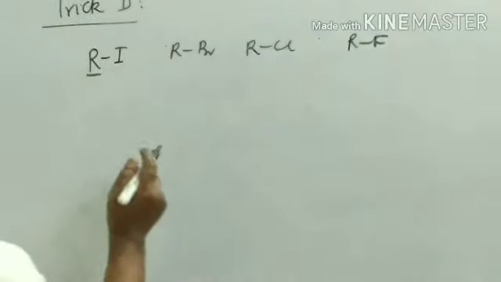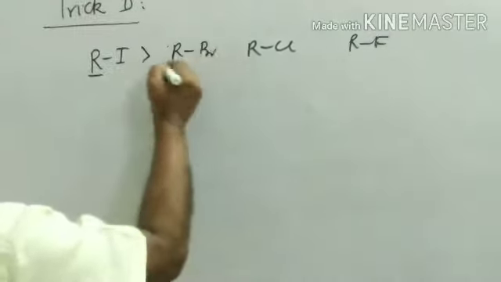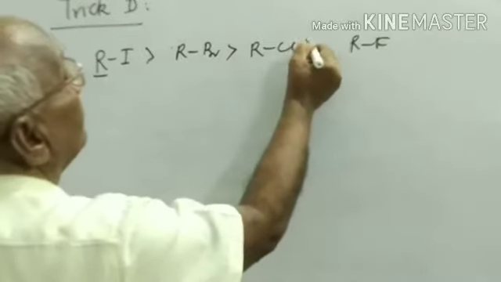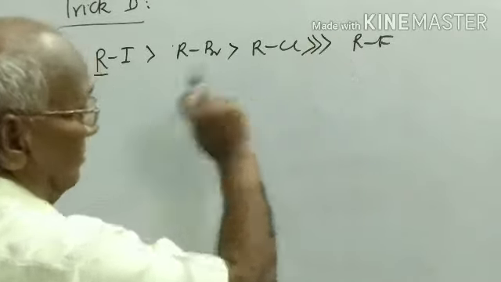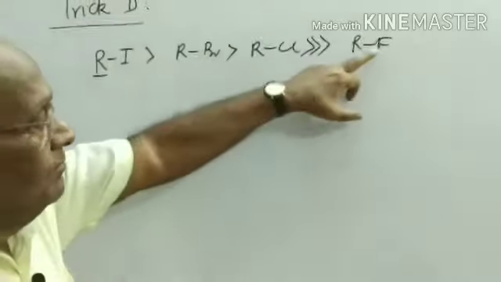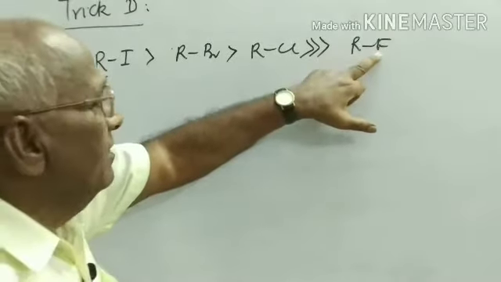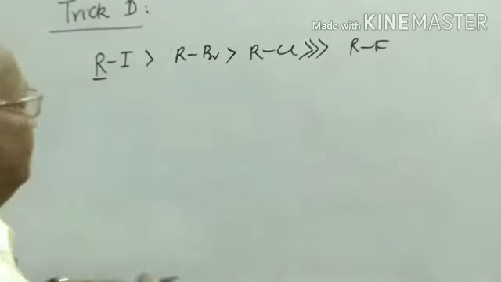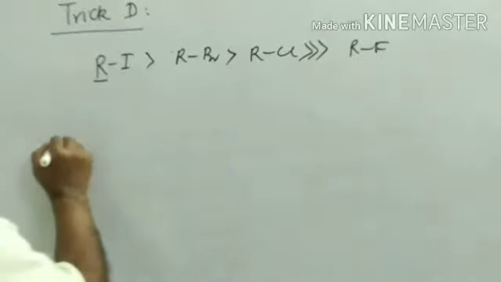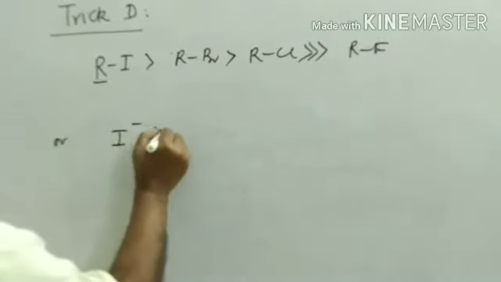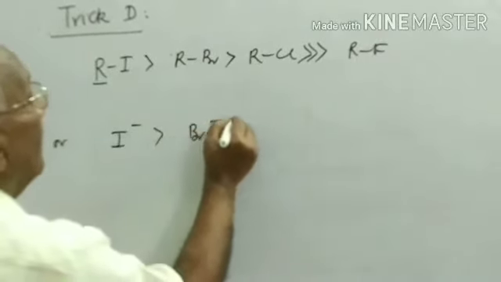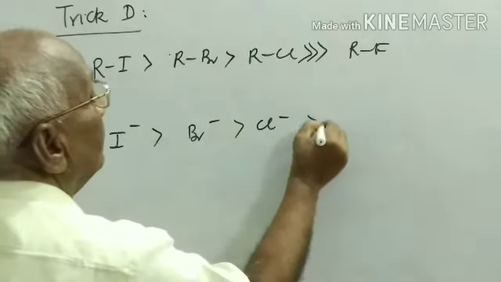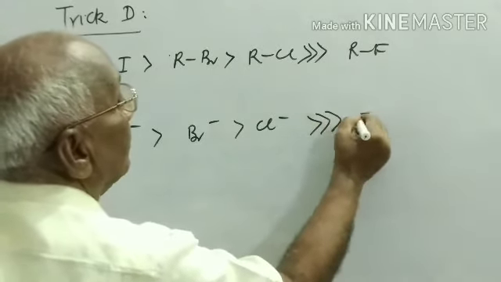So the order of reactivity is RI higher than RBr, higher than RCl, and RF is far lower, because F is a very poor leaving group. Or you can write it in the form of halide ion: iodide, bromide, chloride, and fluoride ion.